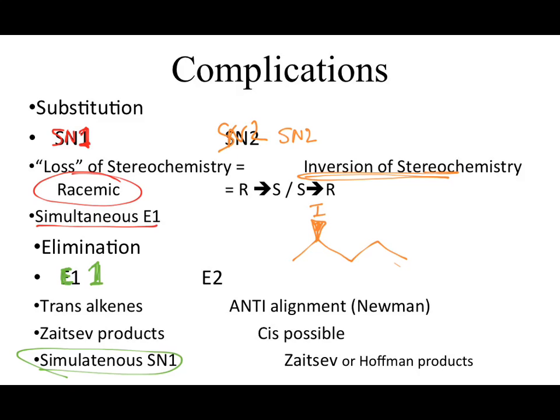The rest of that is just natural E1 results. The E2, as we've now seen a couple times, our biggest issue is that we need to have that anti-alignment. If we've got that anti-arrangement of our leaving group and our hydrogen, we're good to go. Go through, draw the product.